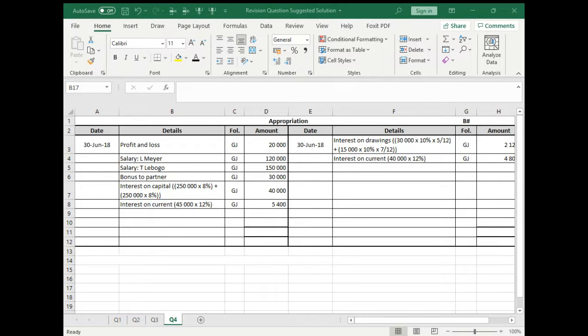Okay, then we've got, what do we still need to account for in here? Is there anything else you think we need to account for?